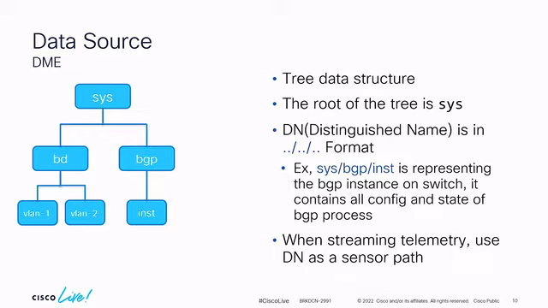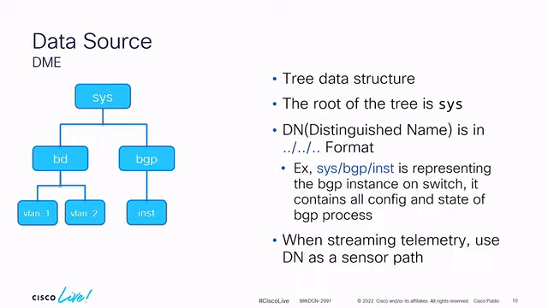DME is short for Data Management Engine. It is considered the raw database of Cisco NX-OS, okay? And it's a tree-like structure. Just like any modern software, when designing a database, it's always built with a tree structure because it's easy to source your data.